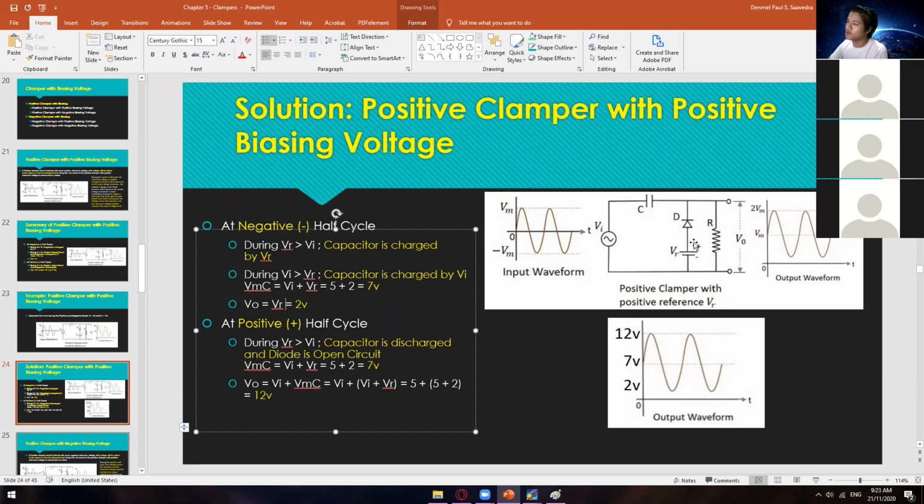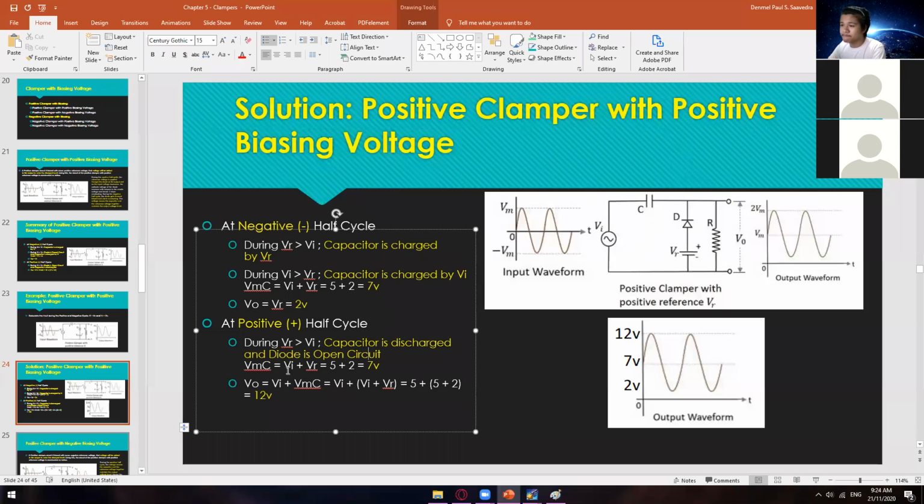Why? Because we have a closed loop here, and as you can see, the only voltage across our entire circuit is the V sub R, which is 2 volts. Okay. And then during the positive half cycle, capacitor is discharged and diode is open circuit. And then this is already charged during the negative half cycle, so we don't have to charge this one now.